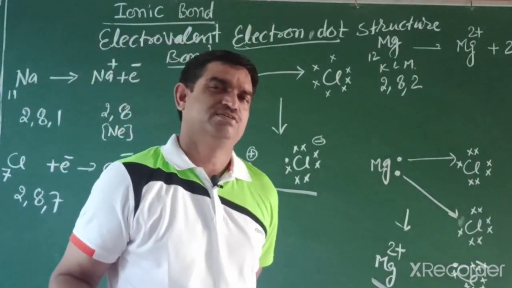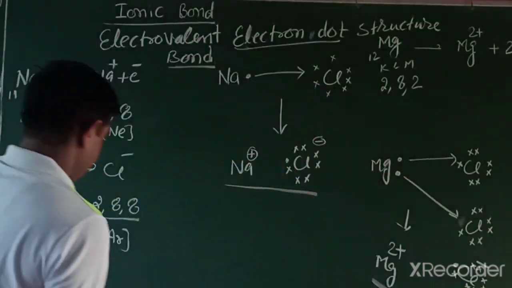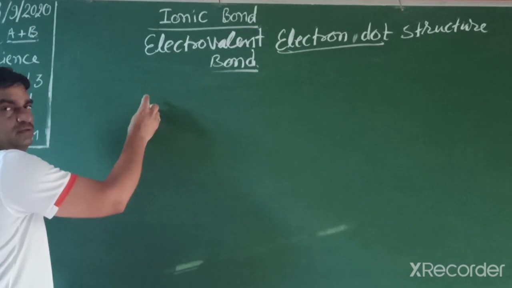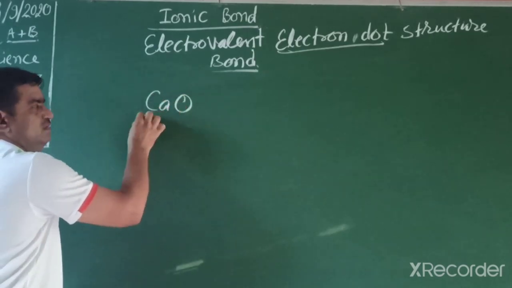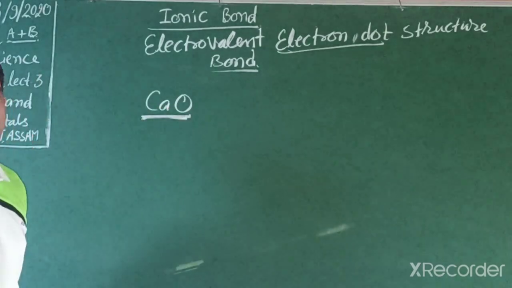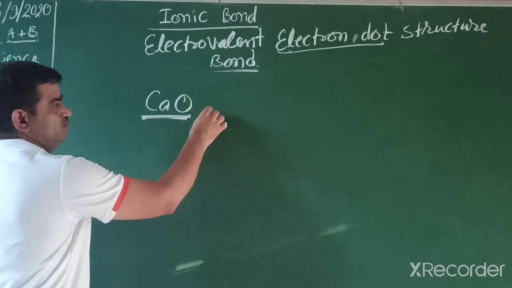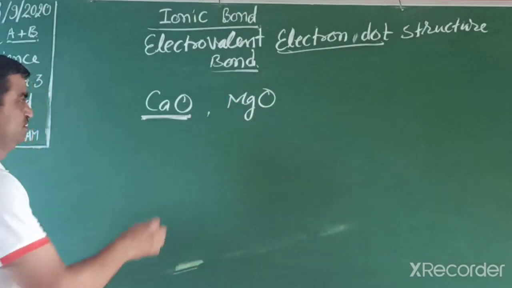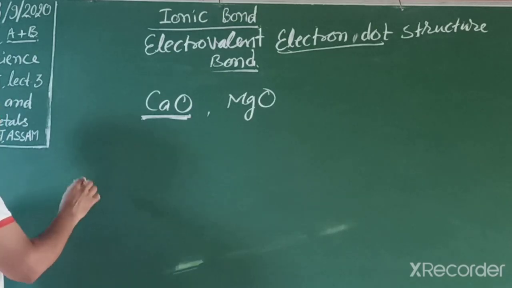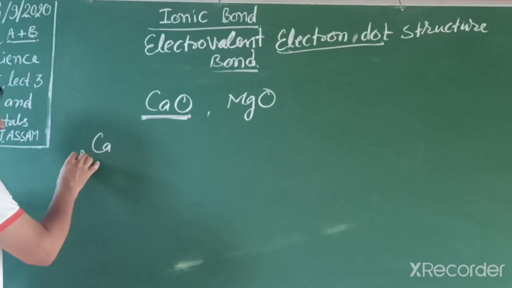Now we further explain with one more example. Students, calcium oxide, how does it form? We will explain. Similarly, you can write magnesium oxide. First we write the configuration of calcium. Calcium has atomic number 20.